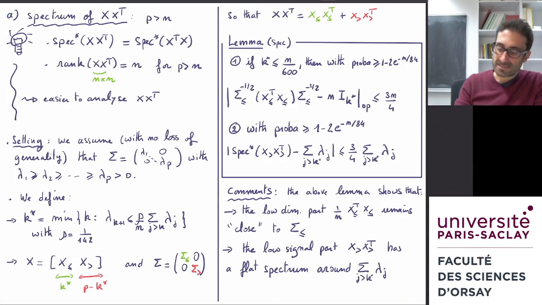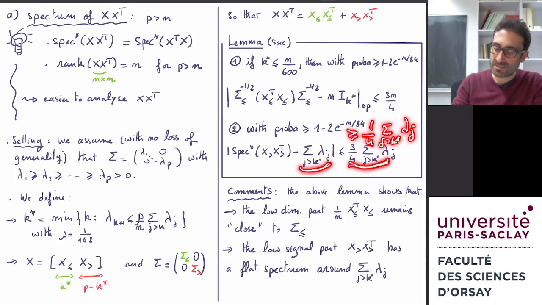It says that this spectrum behaves essentially as this quantity, in the sense that it is always larger than 1/4 of this quantity, for the same reason, because it is larger than this quantity minus this quantity. And it is also smaller than 1 plus 3/4 times this quantity. Okay, so these eigenvalues, up to a constant, are of this size.